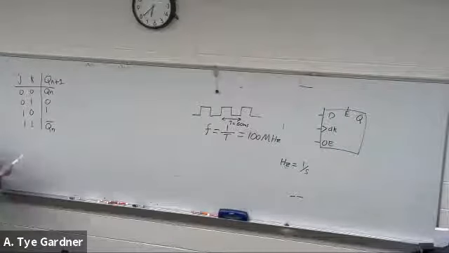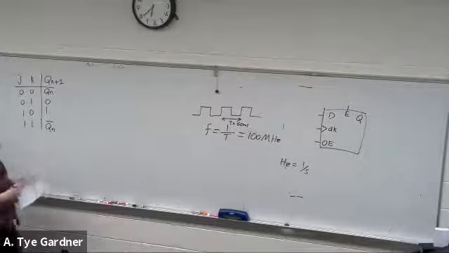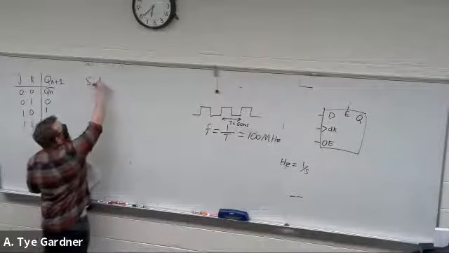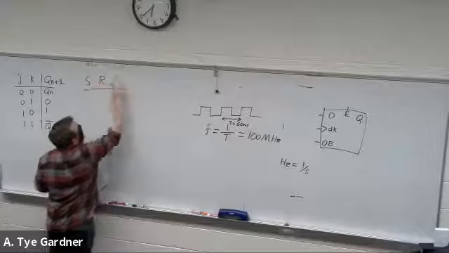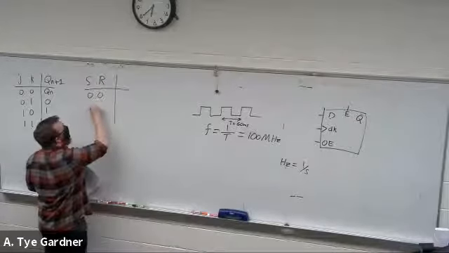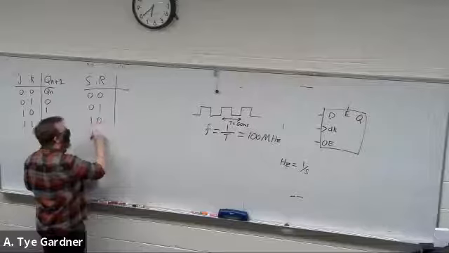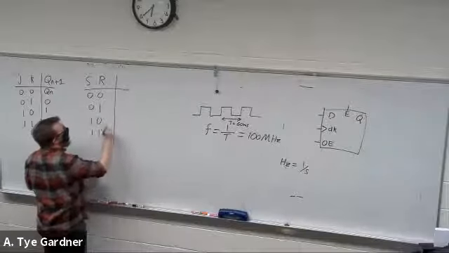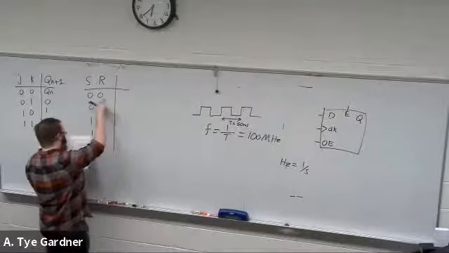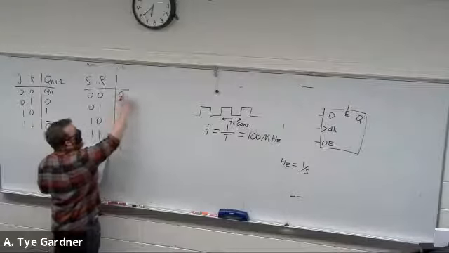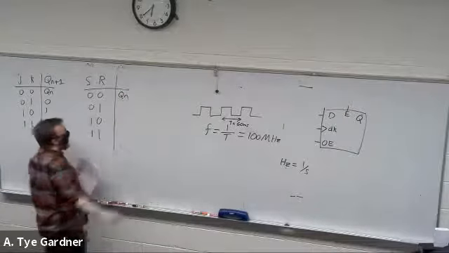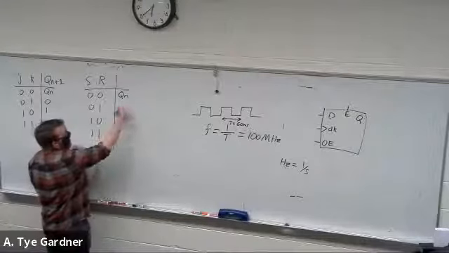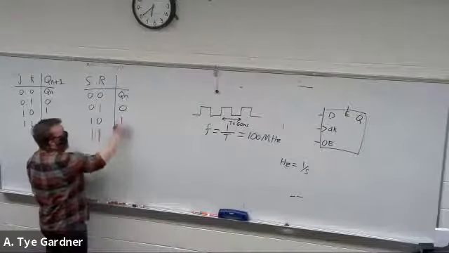You can actually build really easily an SR flip-flop. Where, once again, 0, 0 is don't do anything. 0, 1 is reset to 0. 1, 0 is set to 1.